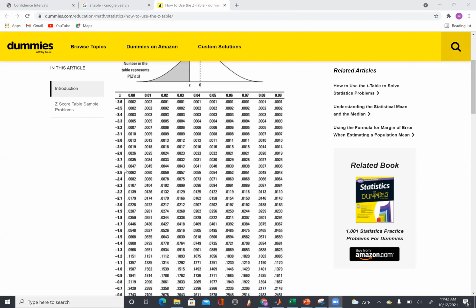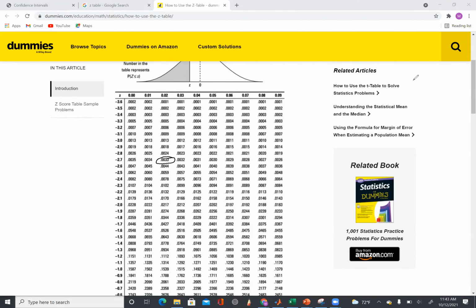So negative 2.72. This is negative 2.7, and the second digit is 2, so this is 0.02. So negative 2.72 is here. Yes, this is 0.0033. But we have to find the area between negative 2.72 and positive 2.72.